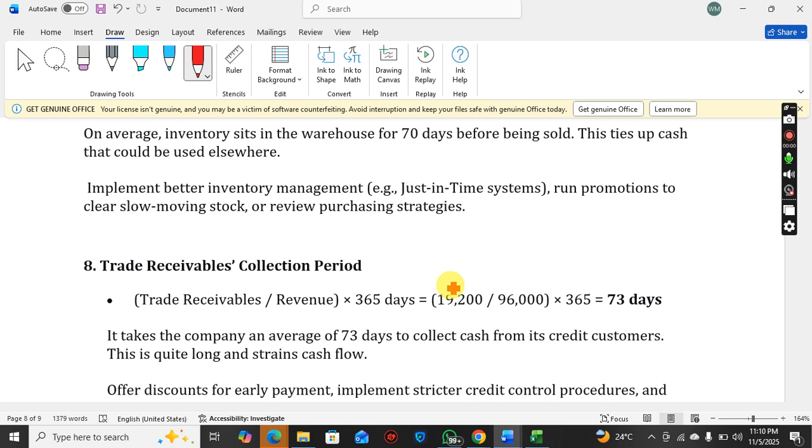So it's the trade receivables divided by the sales revenue times 365. So 19,200 divided by 96,000 times 365. It takes approximately 73 days to collect the money that's owed to us.